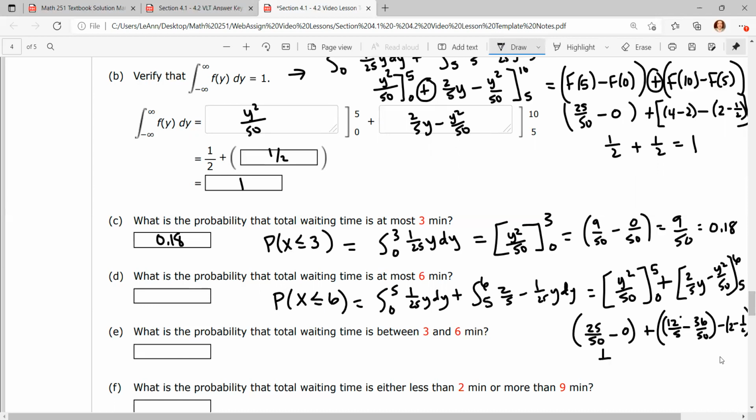So I have 1/2 plus 12/5 minus 36 over 50 minus 2 plus 1/2. So we can add the halves together and get a 1, and that'll be a minus 1 then. So 12/5 minus 36 over 50 minus 1. And when I work that out, I get 0.68.